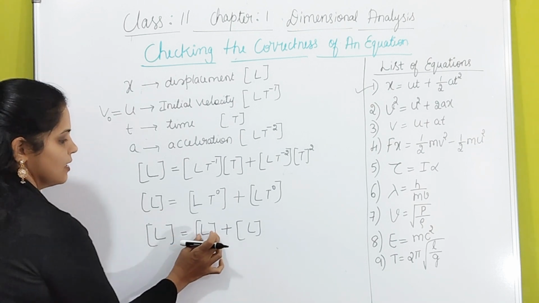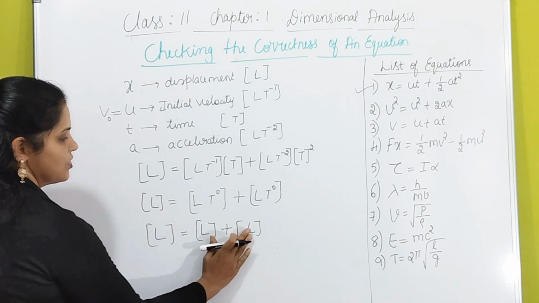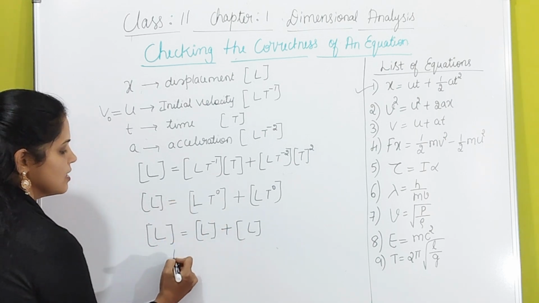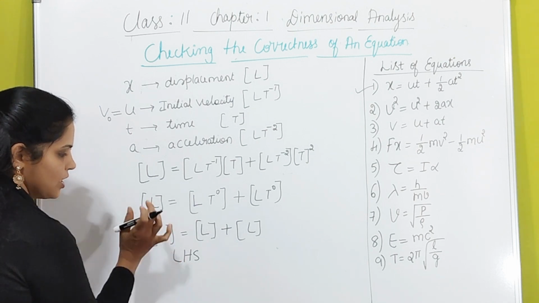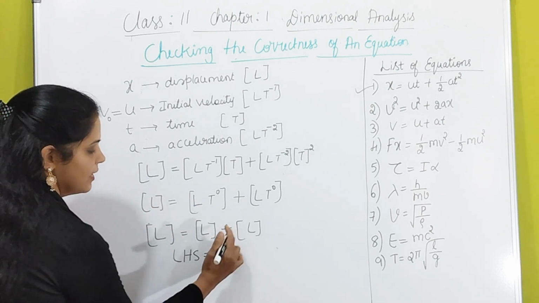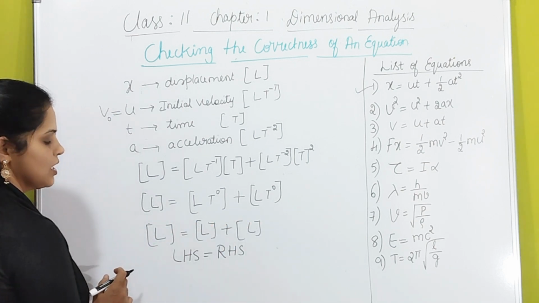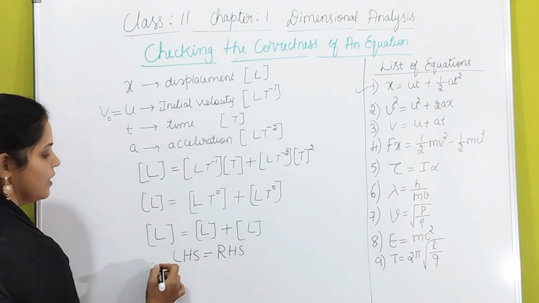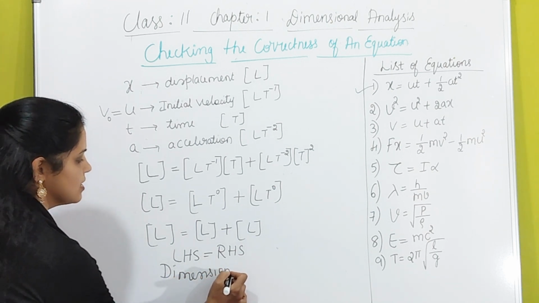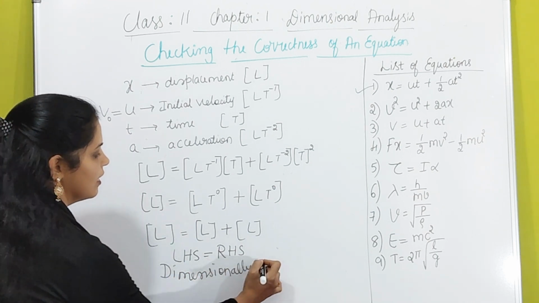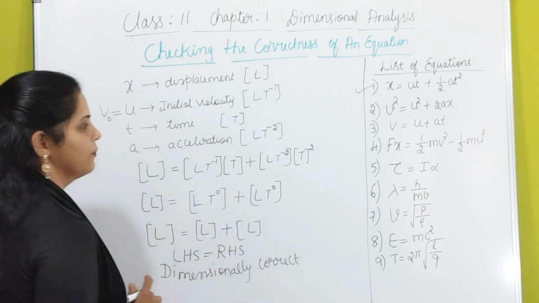Since the left hand side term has the dimension L, and all the right hand side terms also have the same dimension, therefore the given equation is dimensionally correct. Like this, you should write properly.